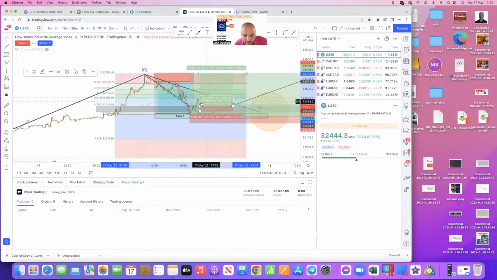Looking for 50% where the stall is going to be to come back down to 786. Okay, 786 is the entry on here.